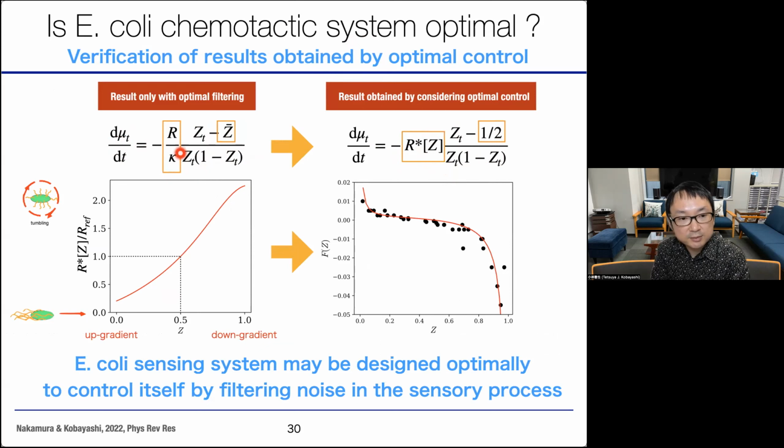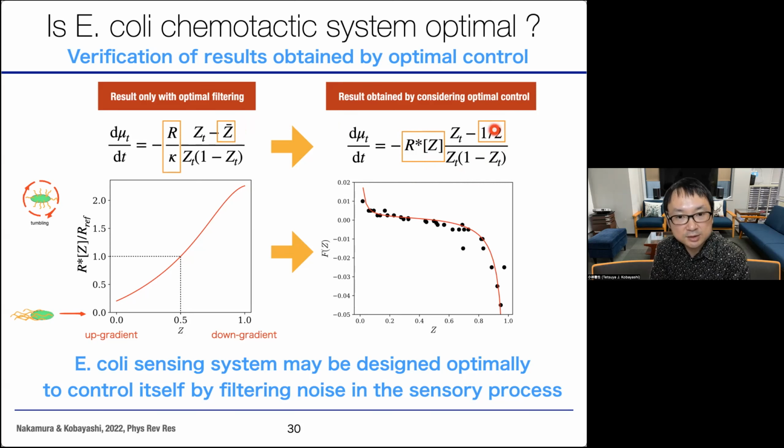So here we have the scaling factor. We have the optimal control rate of the tumbling here. And also this zeta bar, which was a parameter in the previous case, is replaced with 1/2. This means that swimming up and down occur evenly without control.